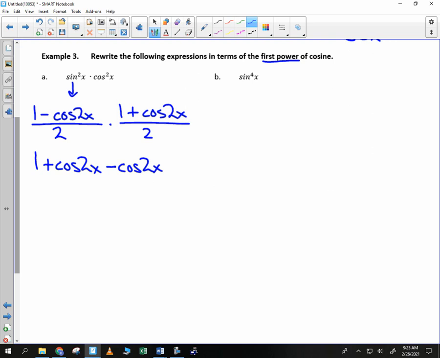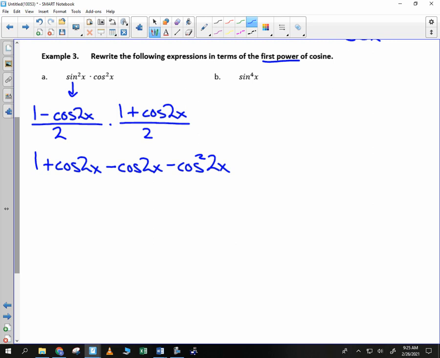And then this is where people start to get confused. Negative cosine of 2x times positive cosine of 2x is negative cosine squared of 2x. Did anybody wonder, do we do something to the 2x, like multiply and all of a sudden get 4x squared? You don't do that.